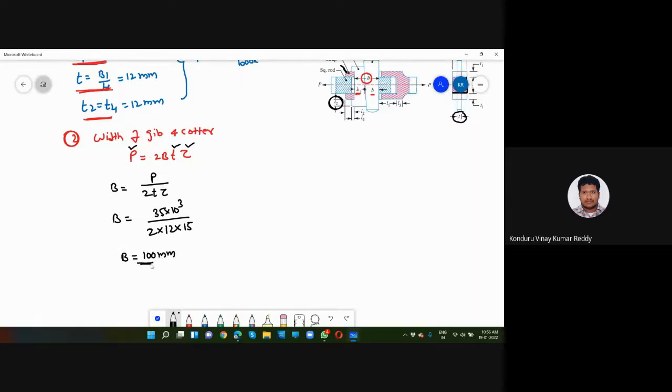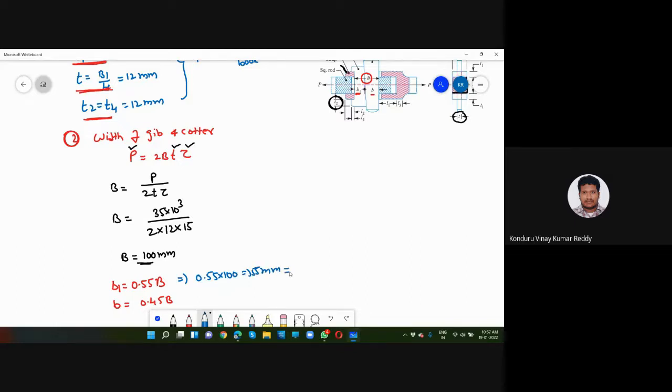I have found out the combined width of Gib and Cotter, but I have to find out the width of Gib and Cotter separately. Thereby, from the design data book, small b1 is equal to 0.55 into capital B, and B is equal to 0.45 into capital B. That is 0.55 into 100, which is equal to 55 millimeter.